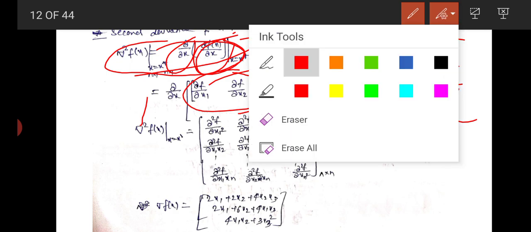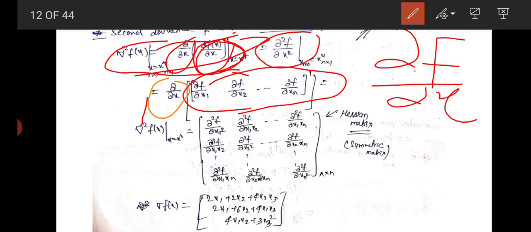Now we have to apply the second derivative to this. So we have to differentiate ∂f/∂x1, ∂f/∂x2 and so on. Here x is a function of x1, x2, up to xn.